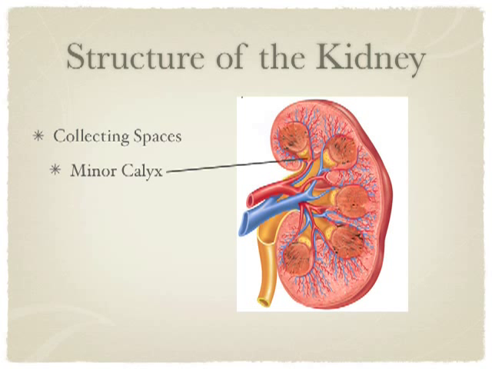The little spaces next to the tip of each one of the pyramids is called a minor calyx. Two or more minor calyces, that's plural, will then unite into a single major calyx, and there could be several of those throughout the kidney.